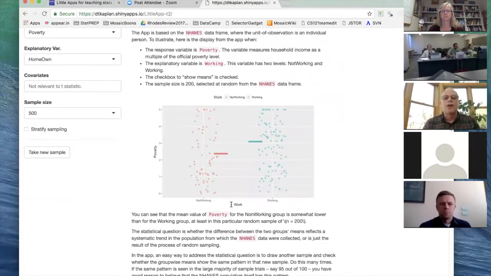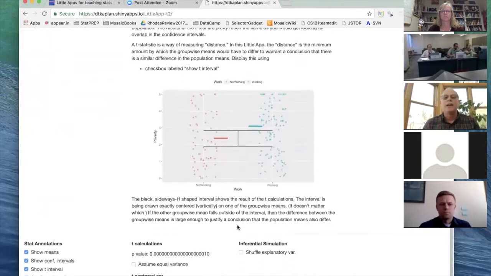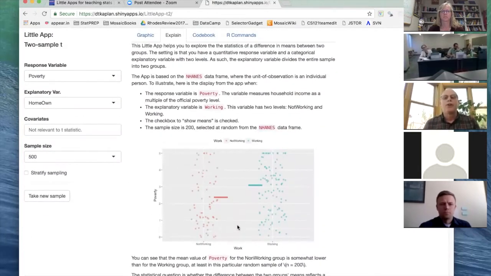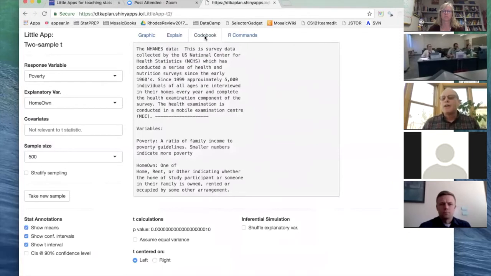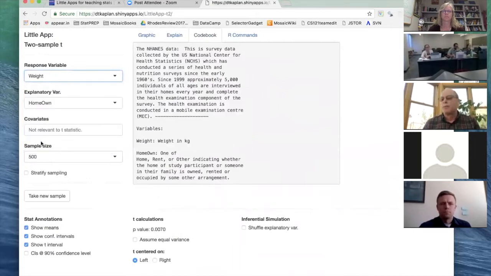This is a little narrative explaining what the app display means and giving just a little background without interfering in the lesson that the instructor wants to teach. There's a code book that tells you what the variables being displayed are. And if you change the variables, of course, you change the code book that's being shown.